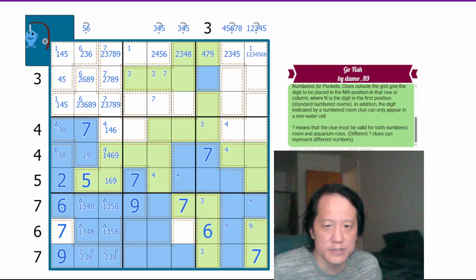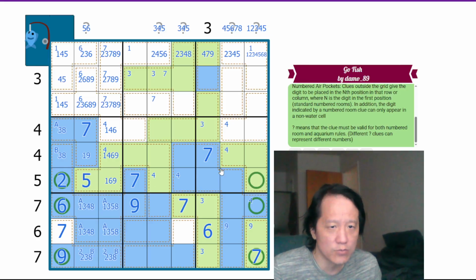Okay, so what is satisfied? This is satisfied, and then we'll do the other side for the waters. This is satisfied. That's satisfied for the air, for the numbered rooms, and this is the water. This is satisfied for the number of numbered rooms, and this is the air or water. Water's done here. We don't have that done though.